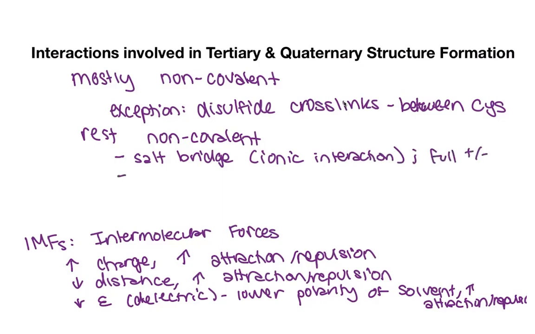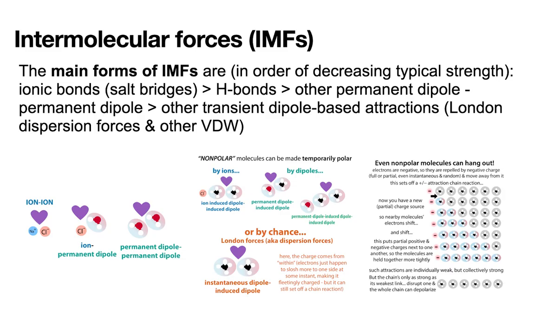And then we had our permanent dipole-dipole, where the special case was going to be our hydrogen bonds, which were going to be the strongest one of those, and we'll review those again in a minute. And then we have just induced and transient dipoles.